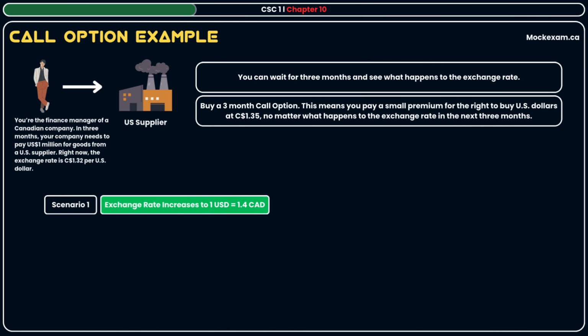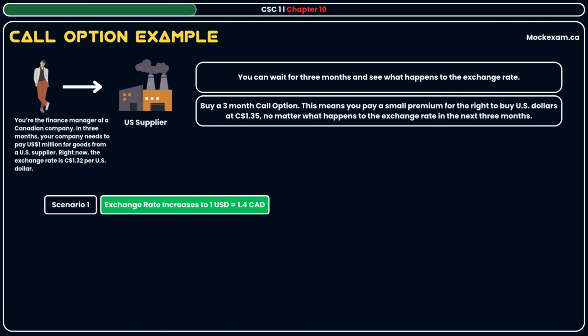So scenario number 1 was in your favor. You did a smart job. You insured yourself by signing a call option, although you paid a small premium. You are now buying it at 1.35, and out there in the market, it's 1.4. So you're profiting your company.